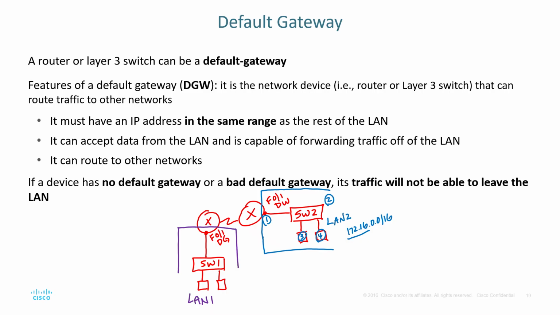On this LAN, if my addressing scheme is this, then all four of these will have an IP address from this network. And just looking at this picture, I know that LAN 2 is remote because it does not have the same network address as LAN 1.